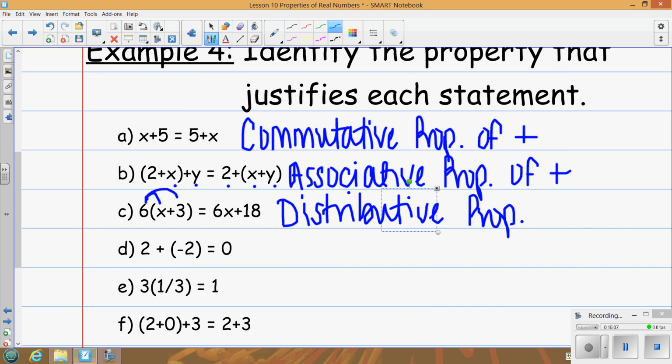Next one. Well, we took 2 and we canceled it out to get the additive identity. Since we got the identity, that means this is the additive inverse.